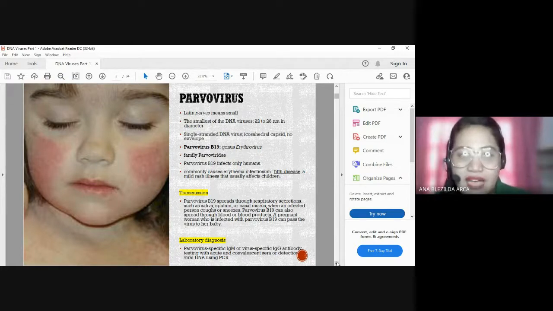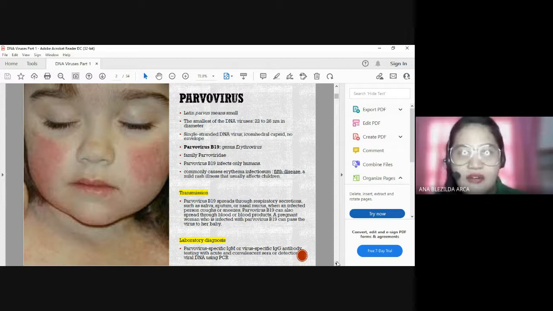Kapag naman sa adults, what will happen? Magkakaroon siya ng aplastic anemia, kasi tinatarget yung red cells mo, the ones in your bone marrow. Okay? And then, if the infection happens during pregnancy, anong mangyayari? Yung fetus, magkakaroon ng condition called hydrops fetalis, wherein yung mga young RBC ng fetus nasisira.